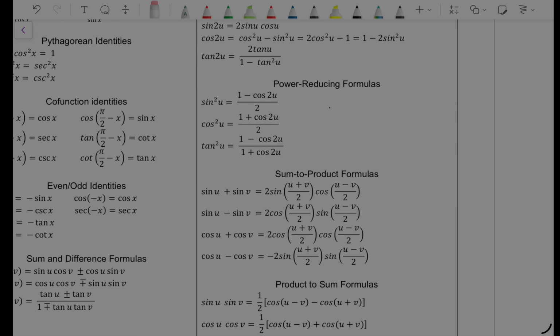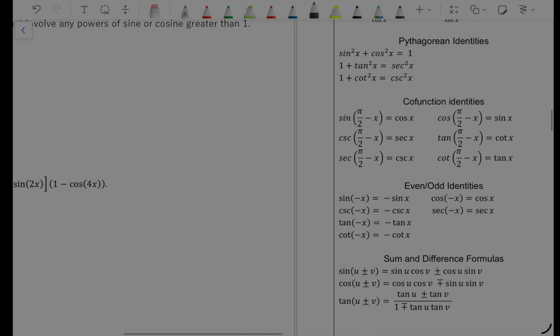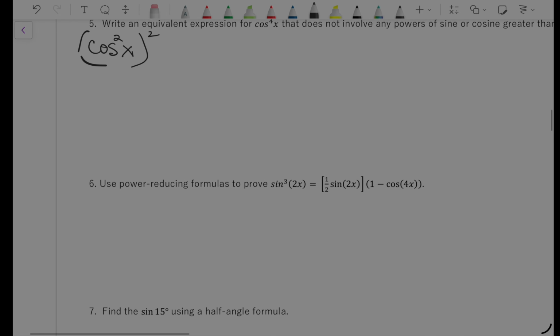Okay. So for this problem, not the outside power, but the inside, we reduce it the following way. 1 plus cosine of 2x over 2, and now this whole thing is squared.